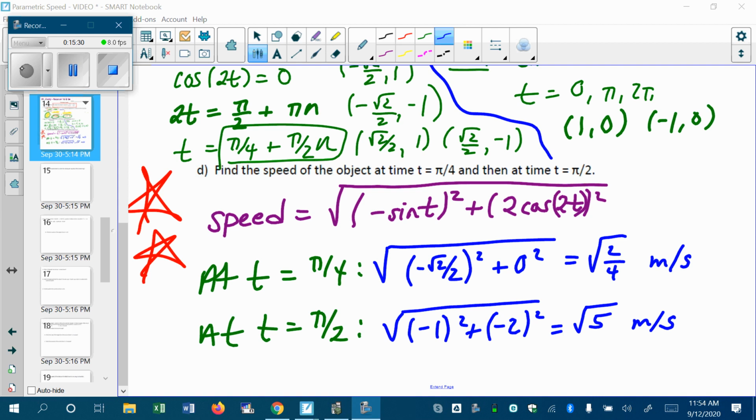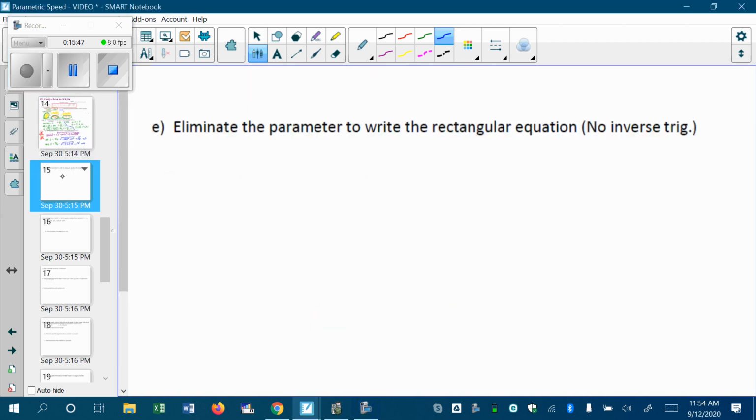If you wanted a decimal there, like we talked about, you could have a decimal. Make sure you have 3 decimal places that are accurate. And same on the second part. You could have square root of 5, or you could round that to a decimal with 3 decimal places of accuracy. Okay, part E says to eliminate the parameter to write a rectangular equation.